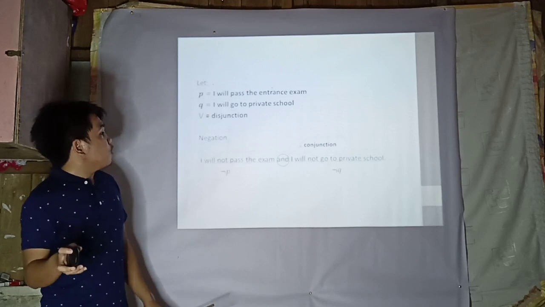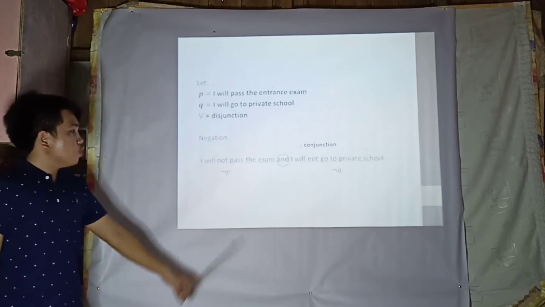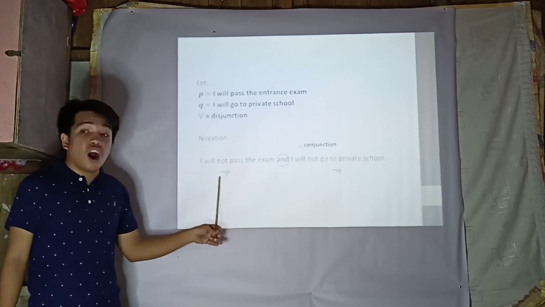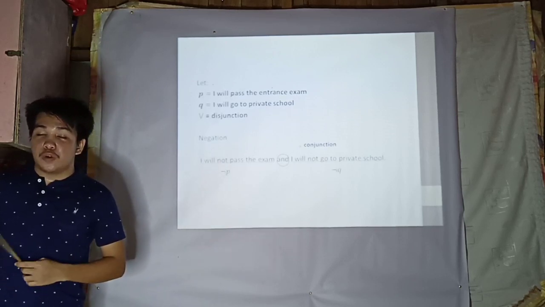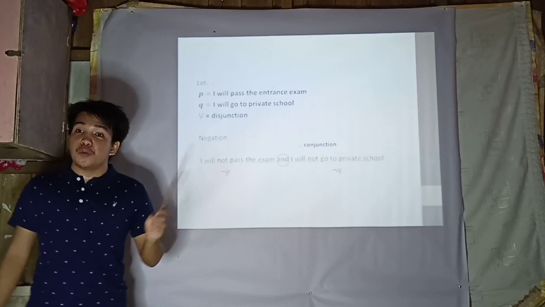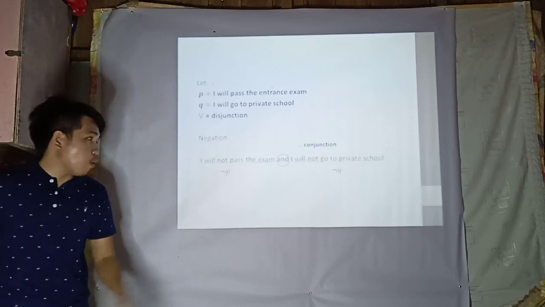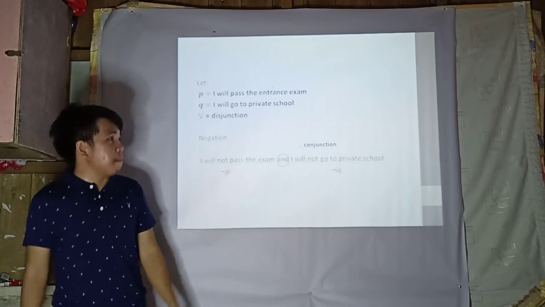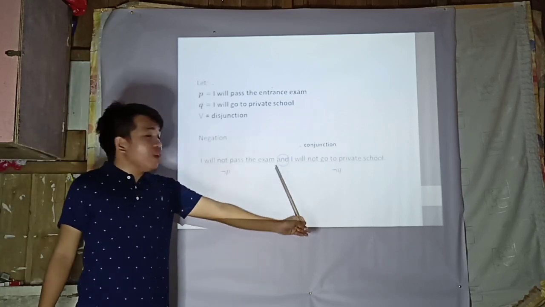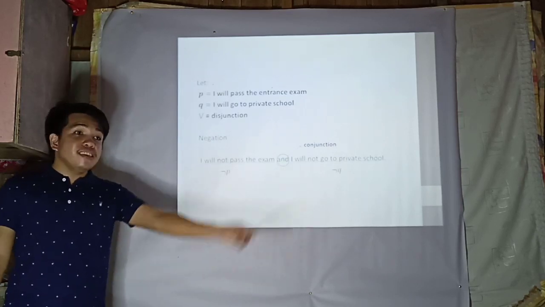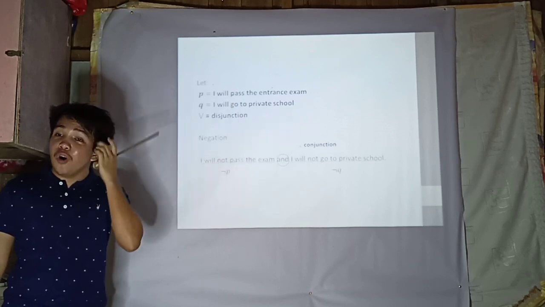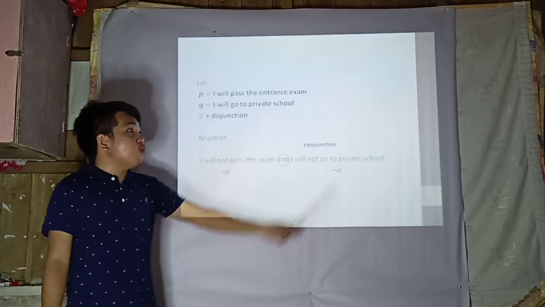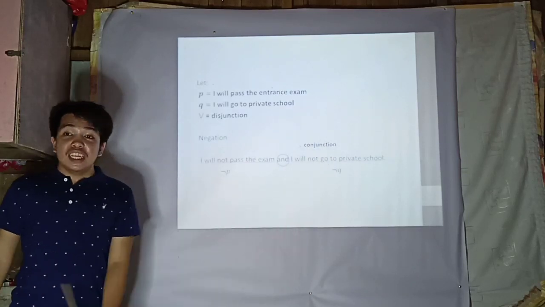So in the negation of this statement, I will not, because of the negation of the P statement. If we negate the statement, we must add not. So I will not pass the exam. And then we negate the disjunction or. Or denotes disjunction, then it denotes or, into conjunction, then it denotes and.